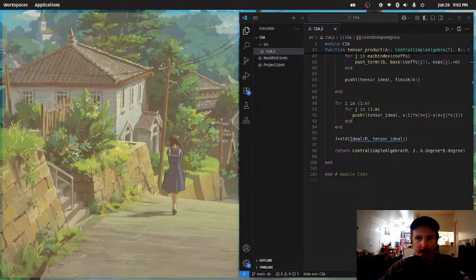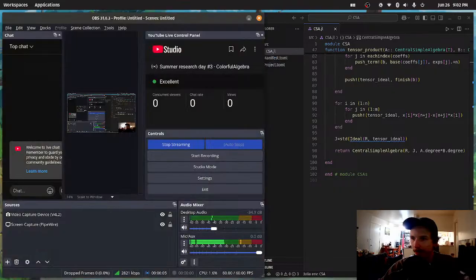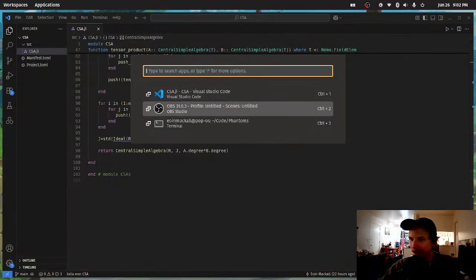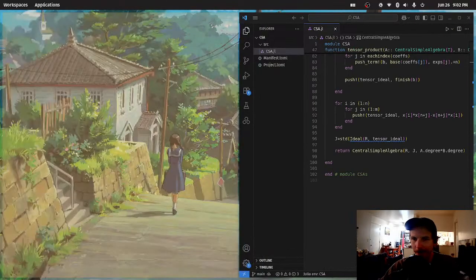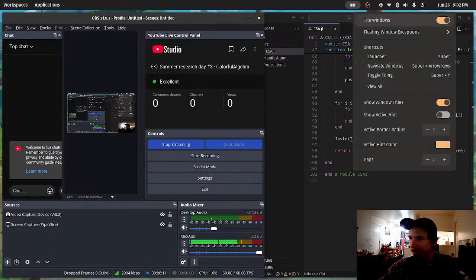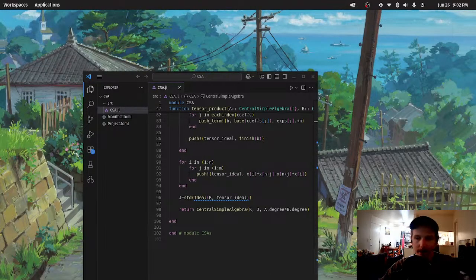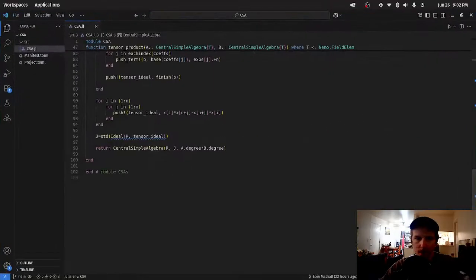Make sure OBS is still running, which it is, but not where it should be. So we'll just switch like that. Yeah, for some reason the tiling manager has been buggy, to say the least, on my desktop recently.